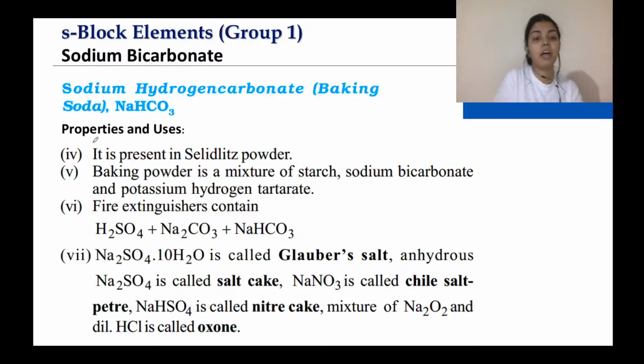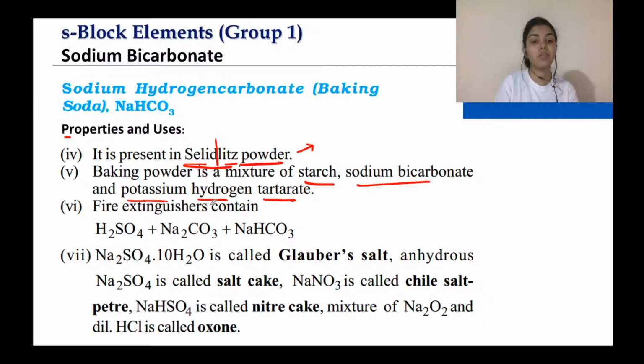It is present in Seidlitz powder. Basically what is Seidlitz powder? It causes effervescence with water, right? Basically when this powder is mixed with water, it causes effervescence. Now baking powder is a mixture of starch, sodium bicarbonate and potassium hydrogen tartarate.